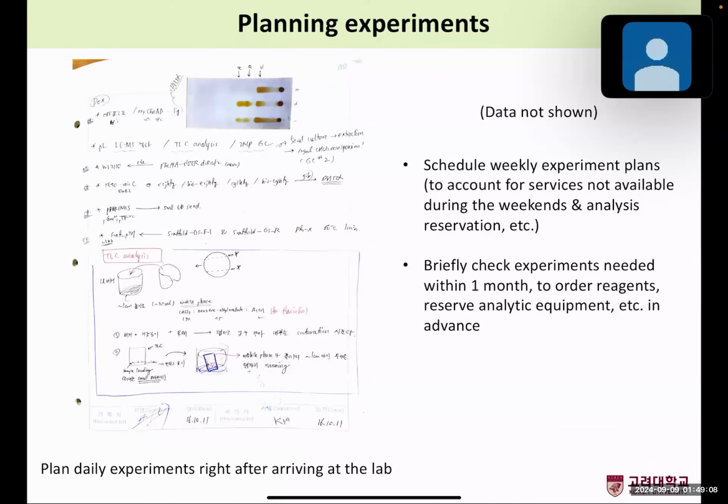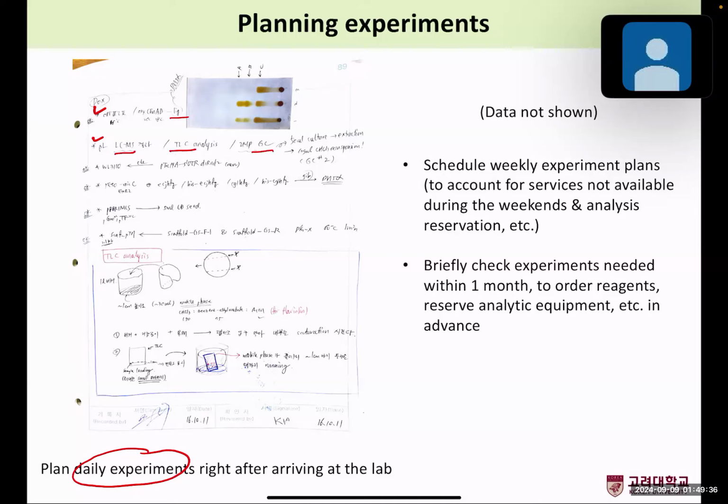Yeah, so let's share some of my tips when I have been doing experiments. First, when I come to the lab, I set up a daily experimental plan right after arriving at the lab. So this is an example. For example, today I need to finish this ligation. I also need to analyze the LCMS analysis, TLC analysis, GC analysis.